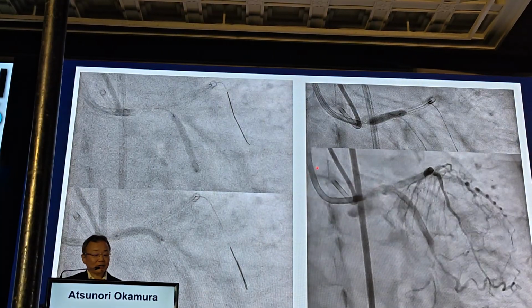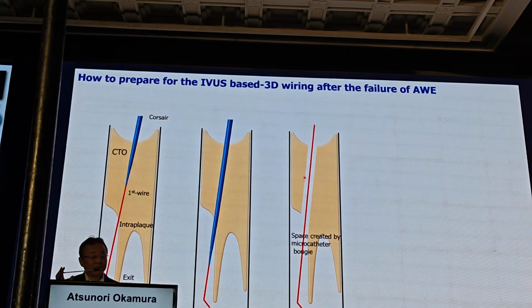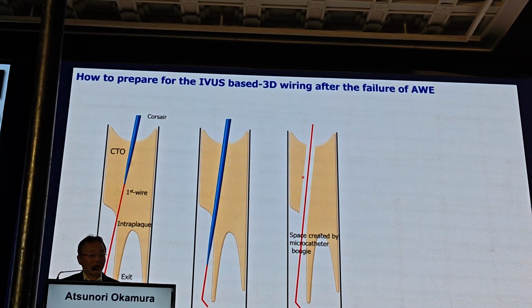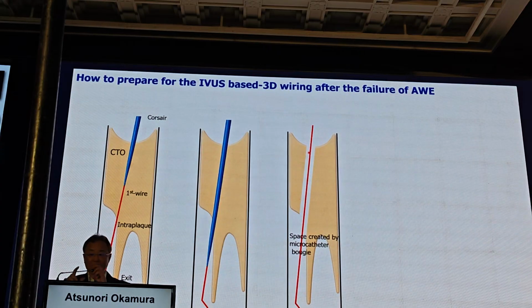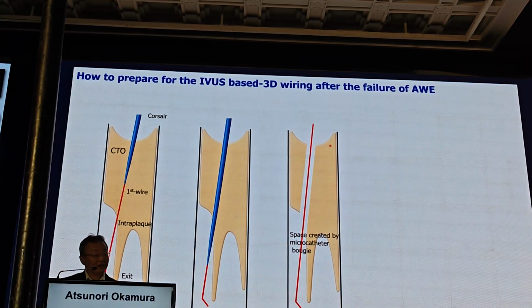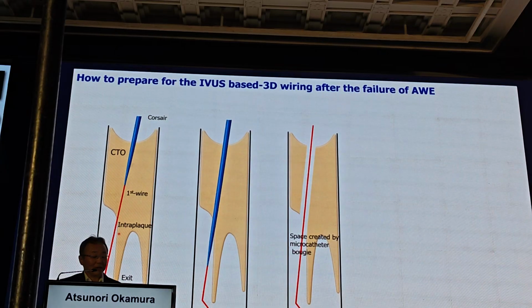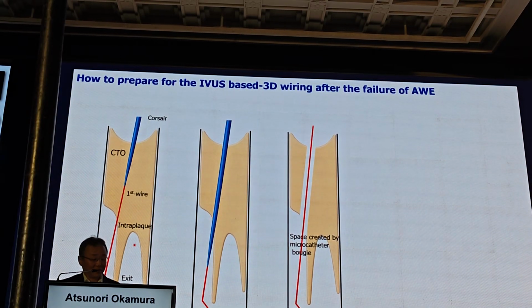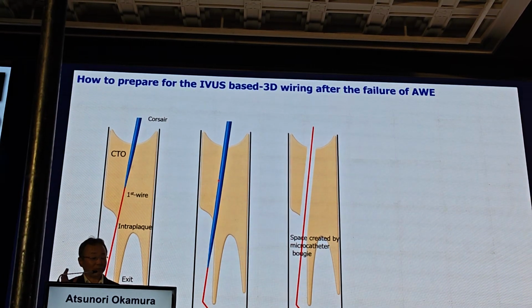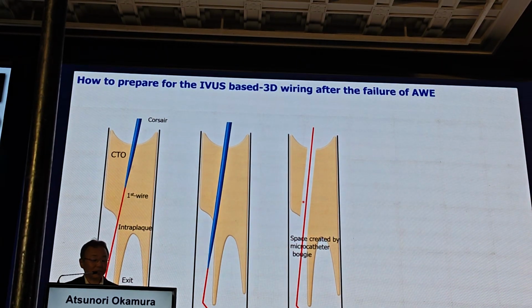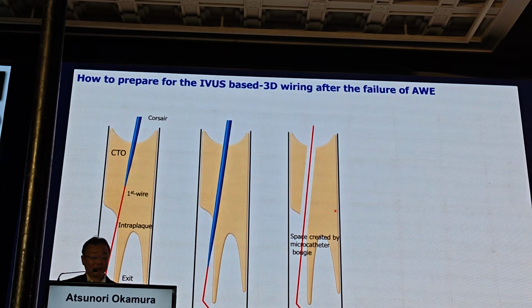The next one, I'll talk about tip detection intra-plaque tracking. So how to prepare for the IVUS guidance. First, Dr. Gupta told me that I should try to do 3D wiring, then get a target like this one. But if we fail, I have to advance the Corsair or do small balloon dilatation to make the space to deliver the IVUS.